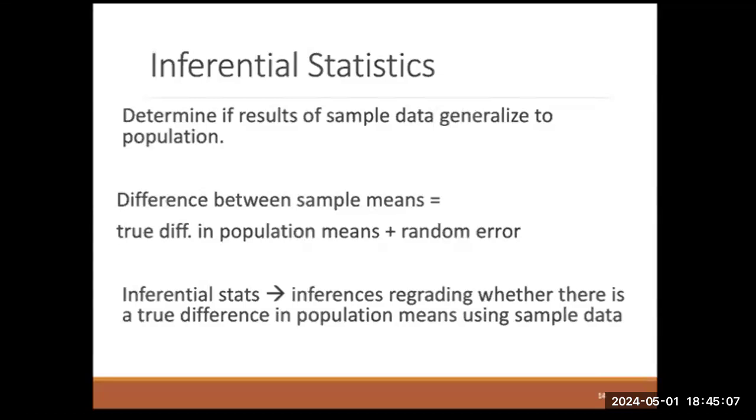So even considering that random error can occur, we believe that the difference between the two groups, the one that got the intervention and the one that didn't, would be found in the population as well. So inferential statistics helps us with inferences regarding whether there is a true difference in the population means using the sample data.